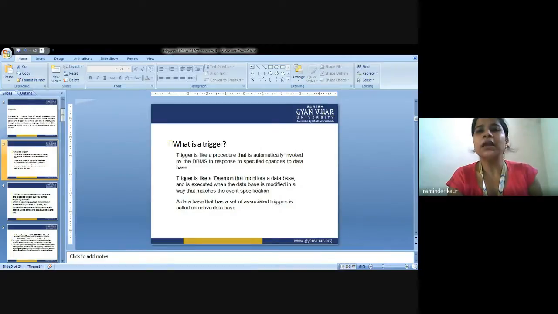So coming to the main point, what are DML triggers? A DML trigger is a special type of stored procedure. It is concerned with three basic commands: insert, update and delete.